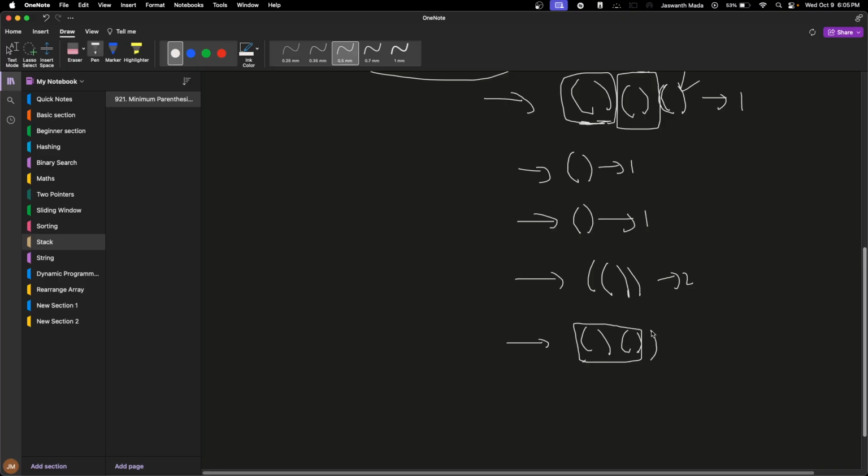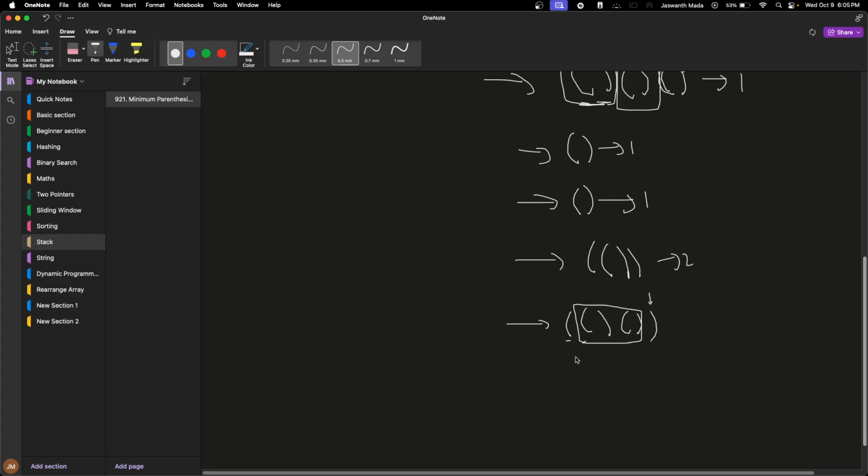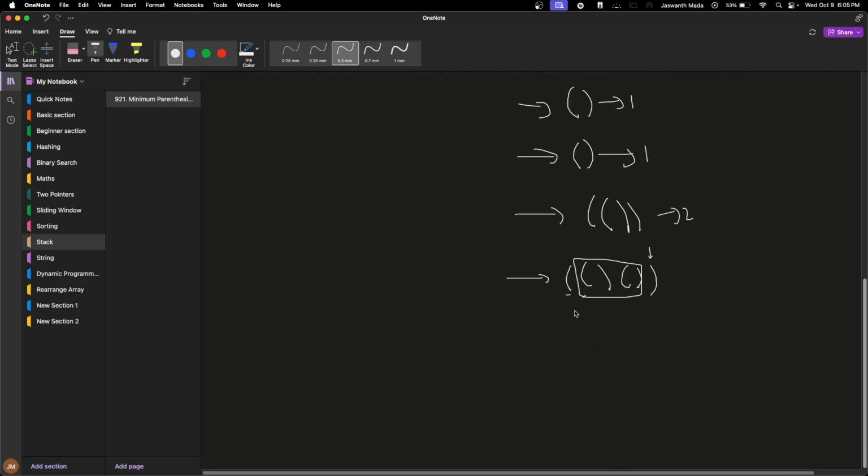So we just found 1 invalid parenthesis. If we found 1 invalid parenthesis, will we add 2 of them? We will not, right? Will we add 3 of them? We will not, right? We just add 1 of them in order to make it valid. So after all these examples, the thing that came to my mind is that we just need to identify the number of invalid parentheses in the string in order to find the answer, right?